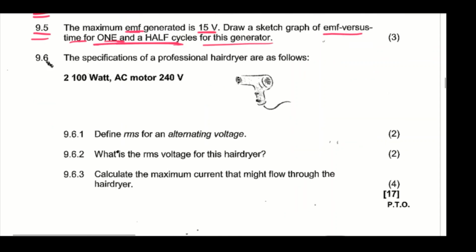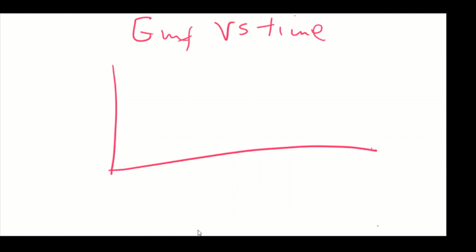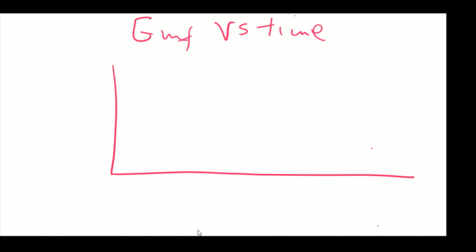So if we were to draw our EMF versus time graph, it's going to look something like this. Let me just draw it nicely. And then because it's a half cycle, it's just going to be like that.